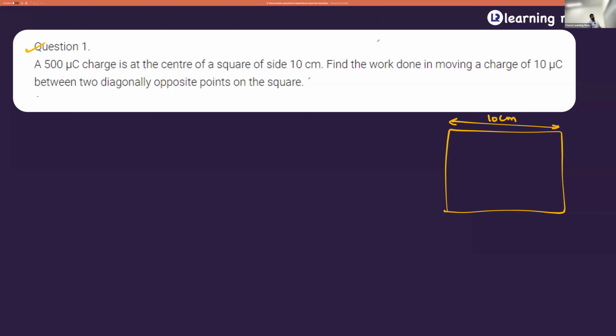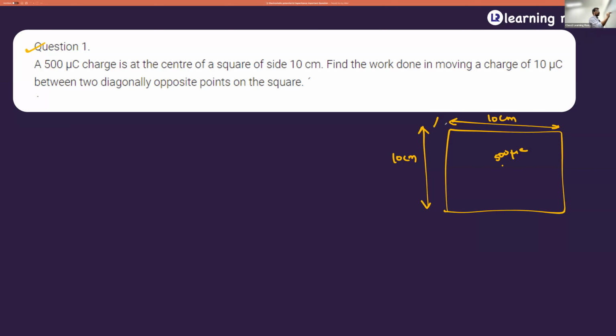So there is a square, guys, don't talk. There is a square of side 10 centimeter. There is a 500 microcoulomb charge which is placed at the center of it. Now what you need to do is, due to that 500 microcoulomb which is placed at the center, there would have been potential developed at all the corners of the square, right?